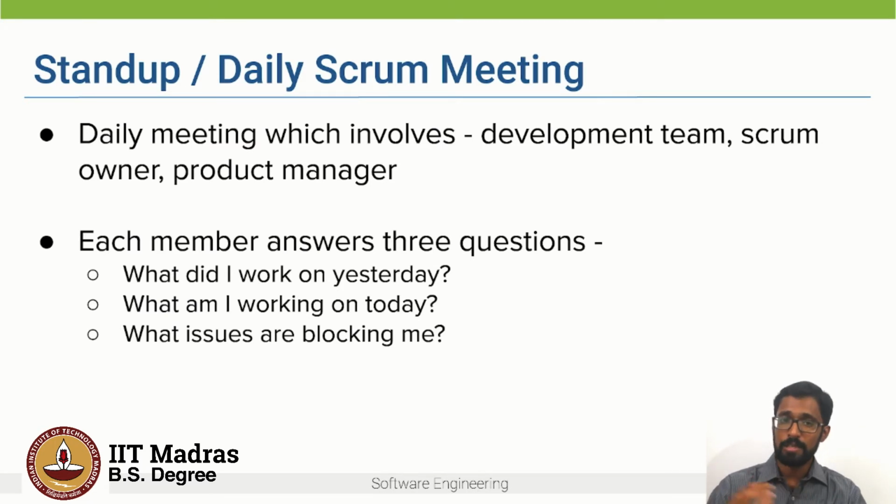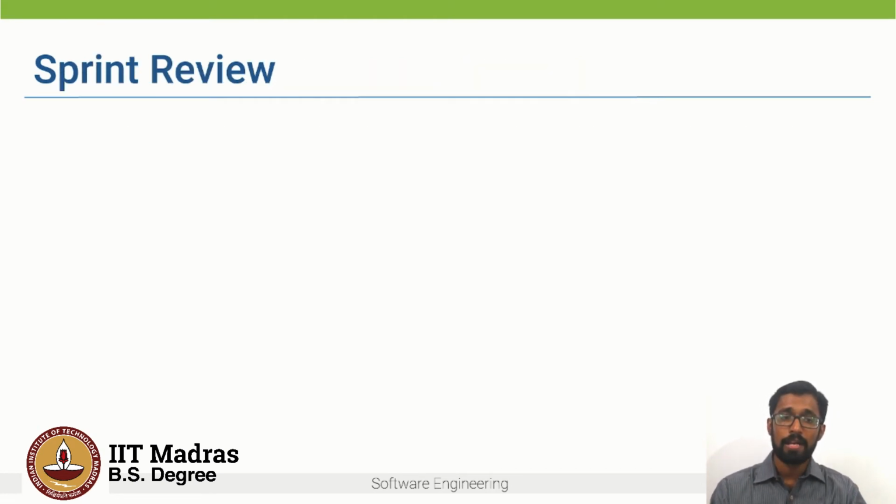These daily Scrum meetings continue till the end of the sprint, and hopefully by the end of the sprint, the team would have developed the prototype or the features for that particular sprint. This progress is reviewed in the sprint review meeting, right?